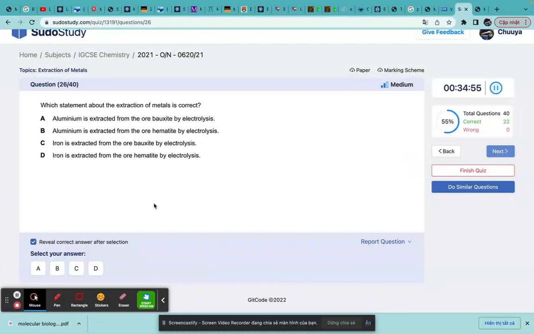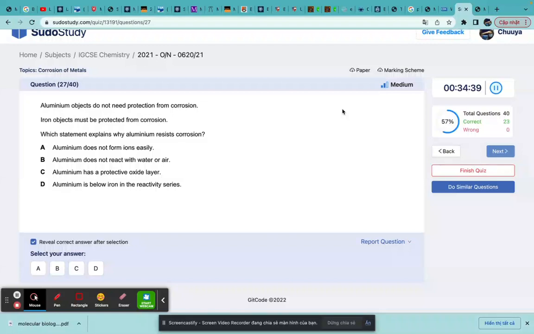Extraction of metal. Aluminium is from bauxite. Electrolysis. Iron is what is it? Iron is a heating process using carbon, and slag is the waste product.